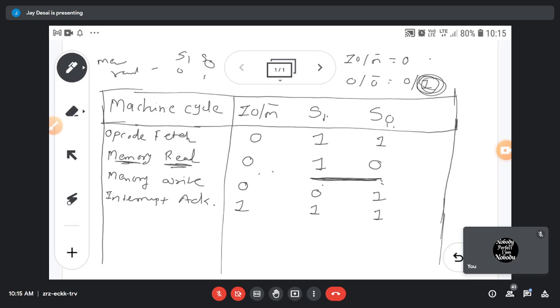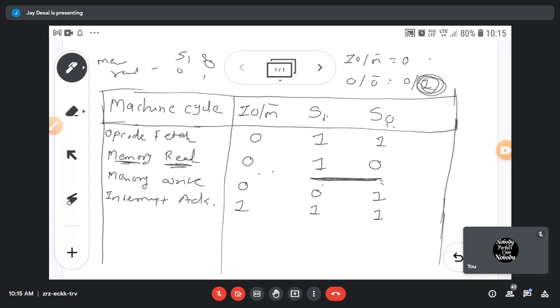When your processor acknowledges the interrupt request, immediately it sets the signal like this over these three pins. It sets 1 on IO/M bar, 1 on S1 and 1 on S0.